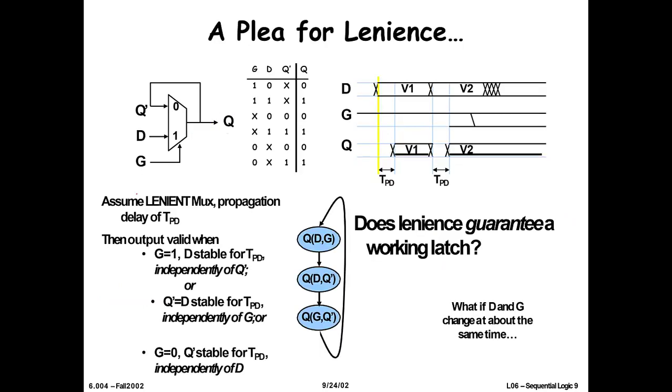Let's try to understand how we can do it. Let's build this truth table again in more detail. Whenever G is 1, the latch is transparent. Whenever G is 0, you are in memory mode.